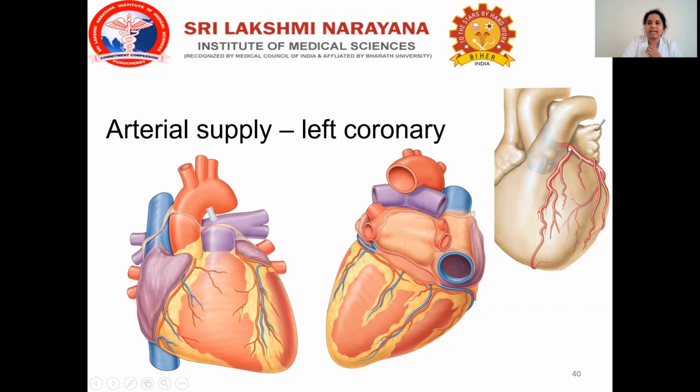What are the branches arising from the left coronary artery? No branches arise from the stem of the left coronary artery. From the left anterior interventricular artery, otherwise called the anterior descending artery, arises the left conus artery. The left conus artery supplies the region in front of the infundibulum.